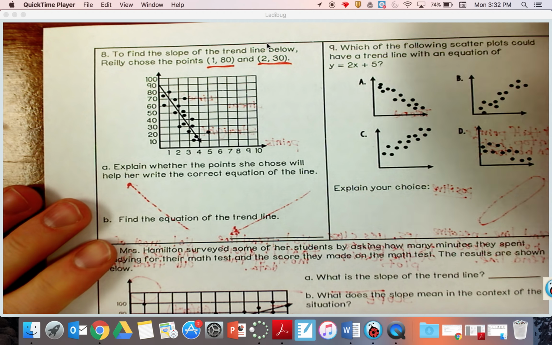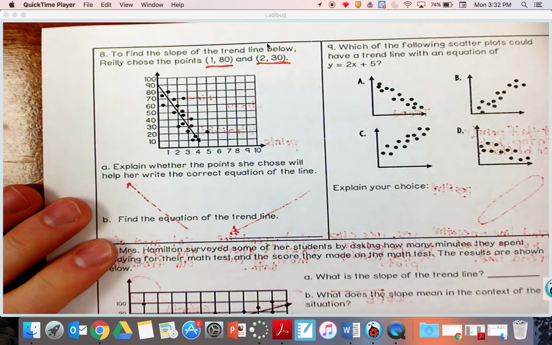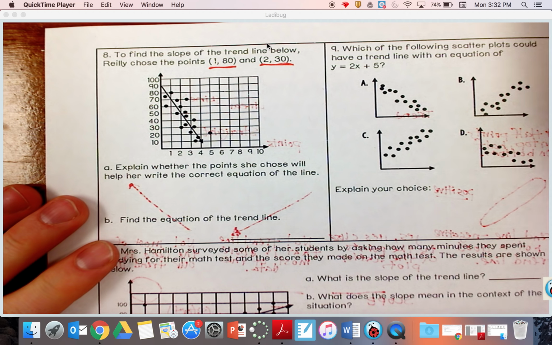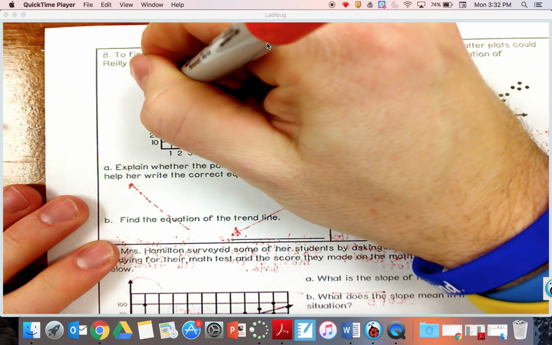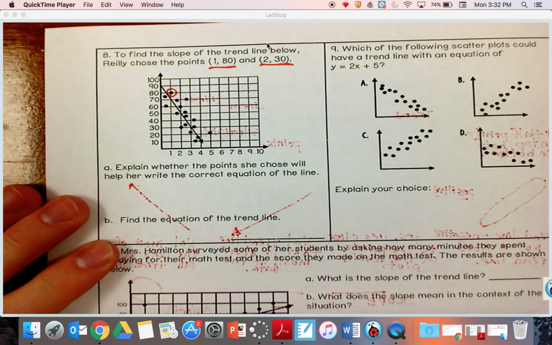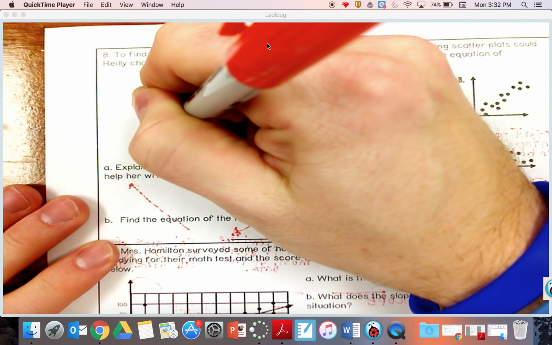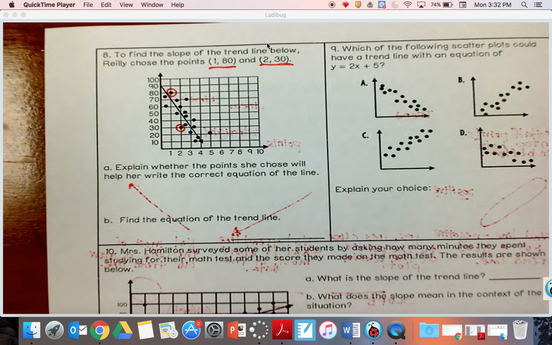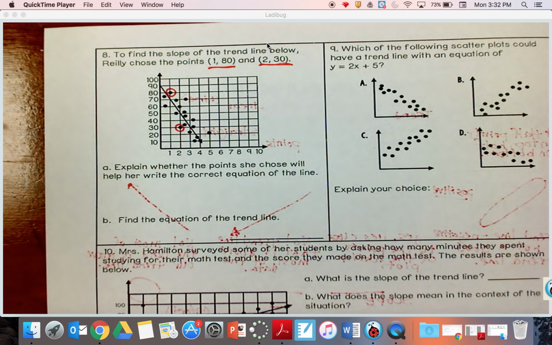If you remember, the 2 points have to be on the trend line. Looking at 180, that's right there on that black dot, and 230, which is right here on that black dot, would those be good points on this trend line to use?